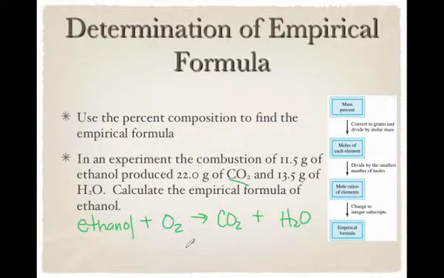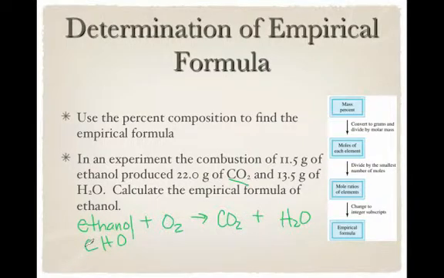So we need to figure out, I'm going to just write C, H, and O, because we know there's those three elements here. We don't know how much of each. Where did all this carbon come from, though? It came from the carbon here. Where did all the hydrogen come from? Ethanol.